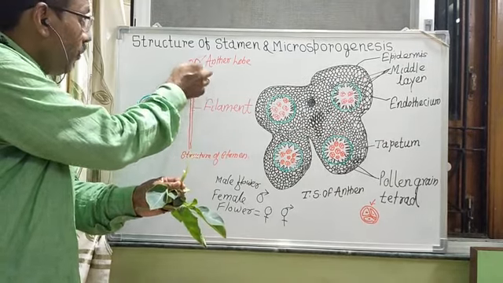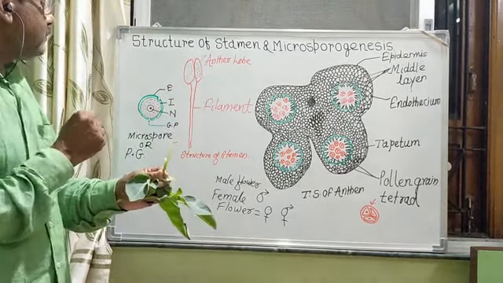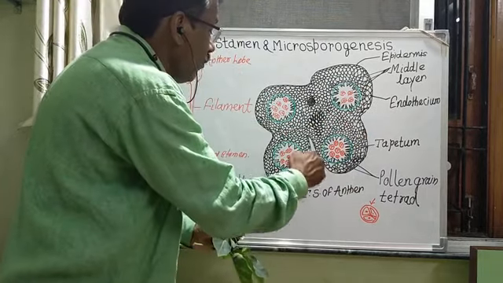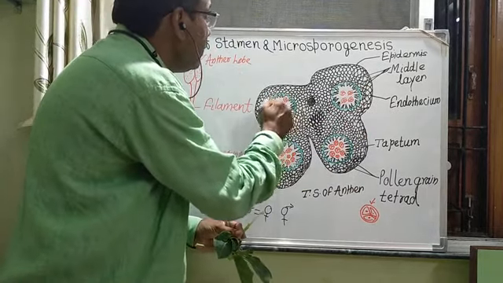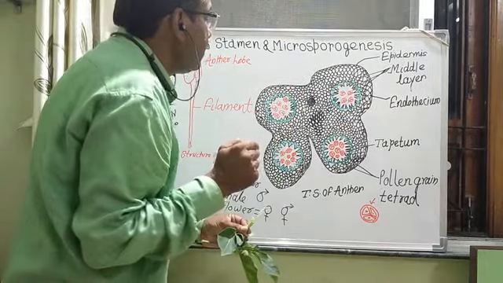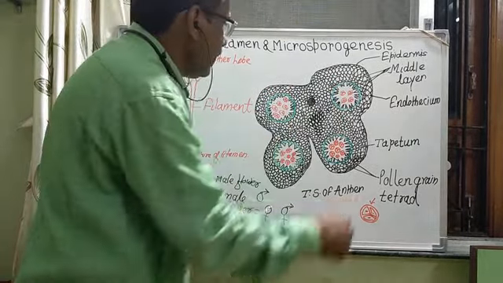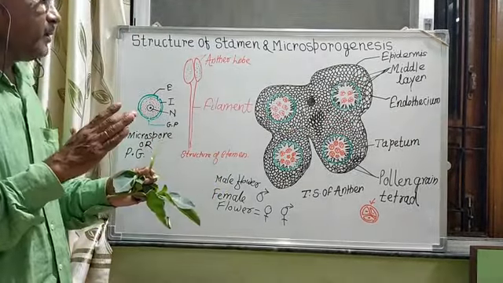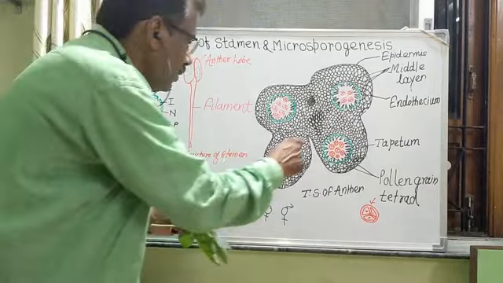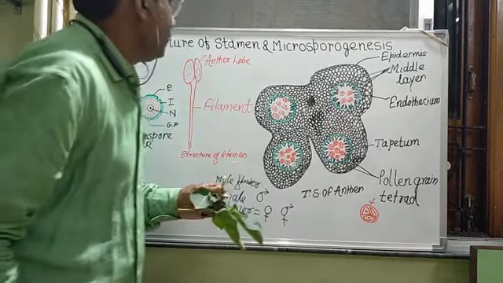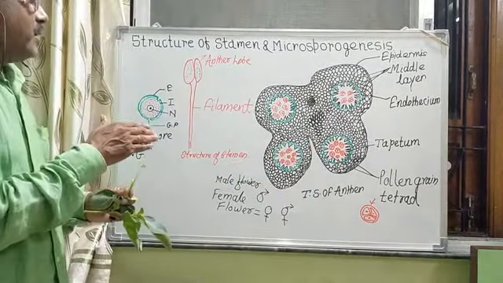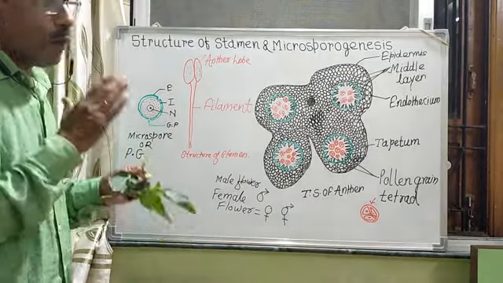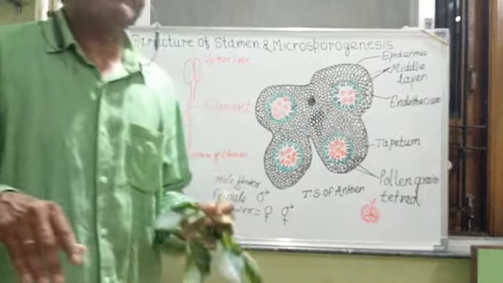It has an anther lobe and a filament, and if we cut a section, you observe these slides. Different pollen grains or pollen tetrads are formed in mature plants. Immature plants don't show these structures. Such is the structure of stamens in angiosperms, and the process of microsporogenesis occurs in angiosperms.